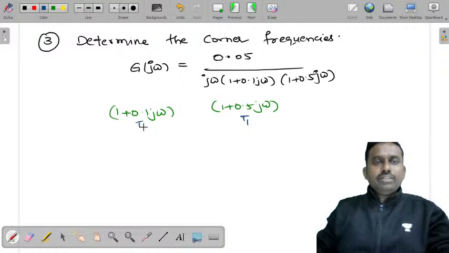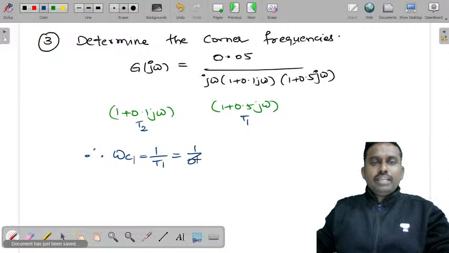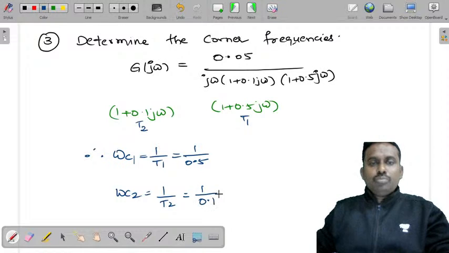So this should be T1 and this should be T2. Therefore, omega c1 is 1 by T1, 1 by 0.5, which is 2 radian per second. Omega c2 is 1 by T2, 1 by 0.1, which is 10 radian per second.